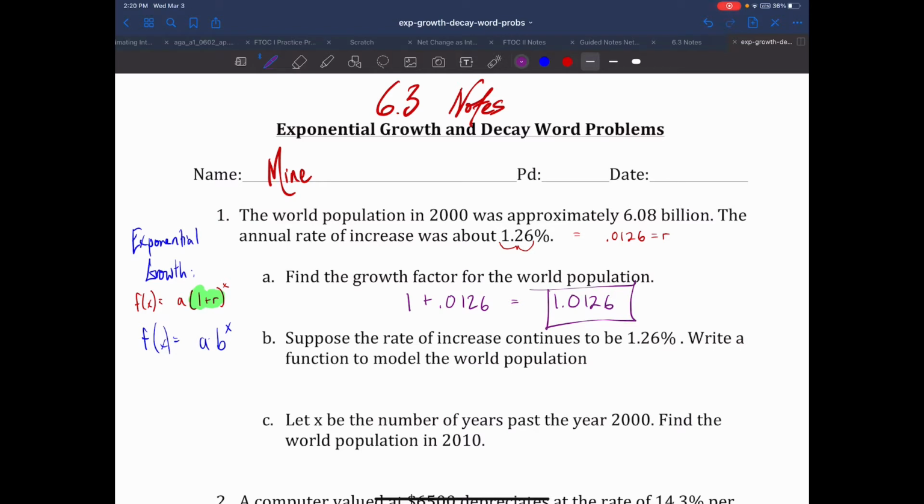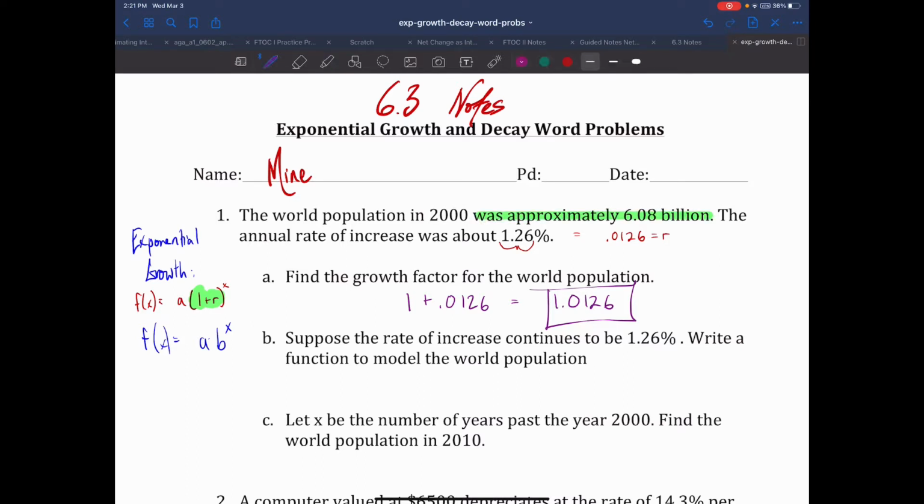And it says, suppose the rate of increase continues to be 1.26%. Write a function to model the world population. Well, we have the growth factor. We have a, so we can write that equation. So in 2000, it was approximately 6.08 billion.